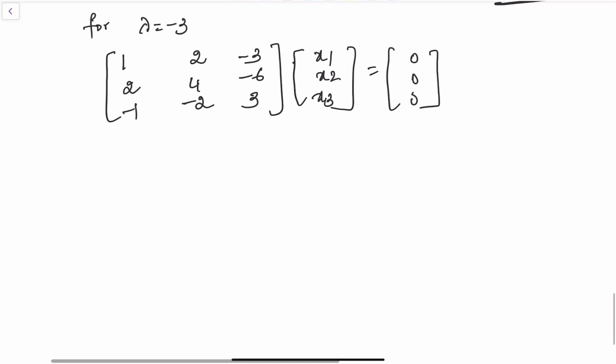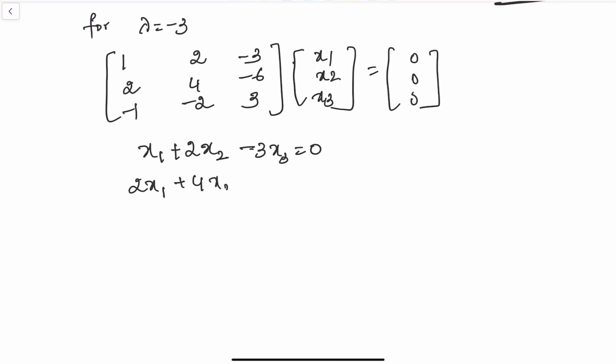Okay, now write the equation as usual. It is x1 plus 2x2 minus 3x3 is equal to 0. 2x1 plus 4x2 minus 6x3 is equal to 0. Minus x1 minus 2x2 plus 3x3 is equal to 0.